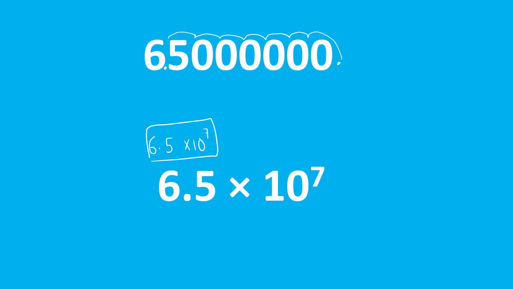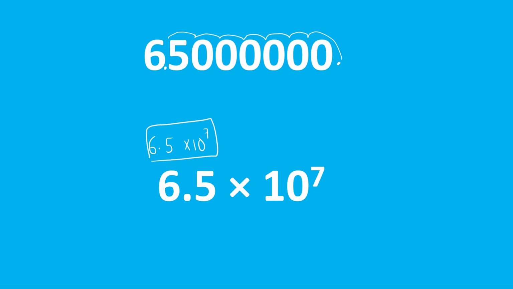If I made 8 jumps over here, that would be 0.65, that's less than 1. My number needs to be between 1 and 10, so right over here. So now I have 6.5. How many jumps did I make? I made 7 jumps, so times 10 to the power of 7. And this is the number in standard form: 6.5 times 10 to the power of 7. So well done if you got this correct.